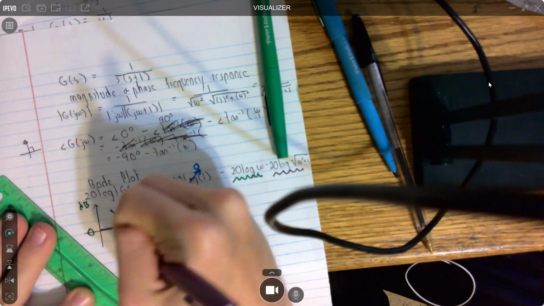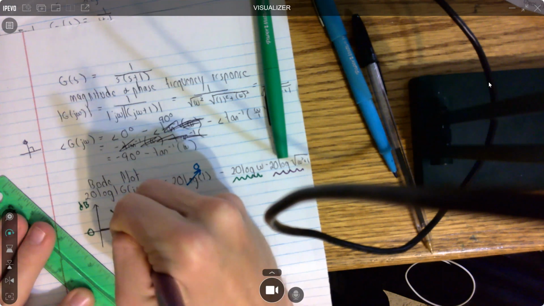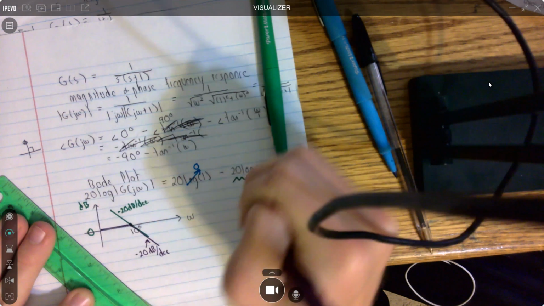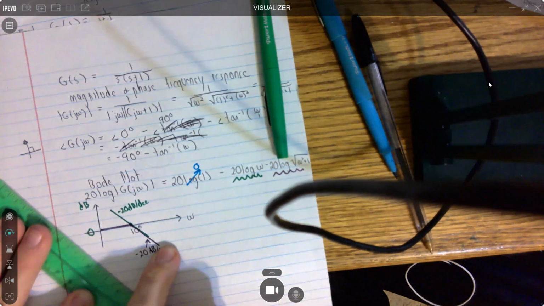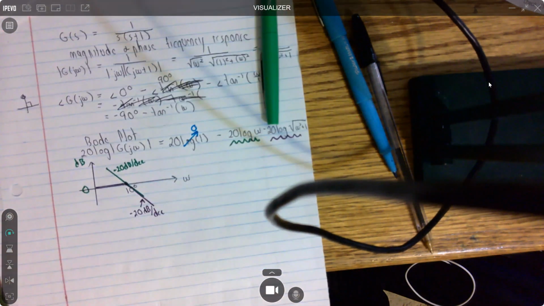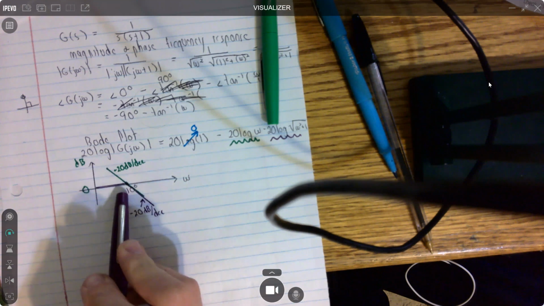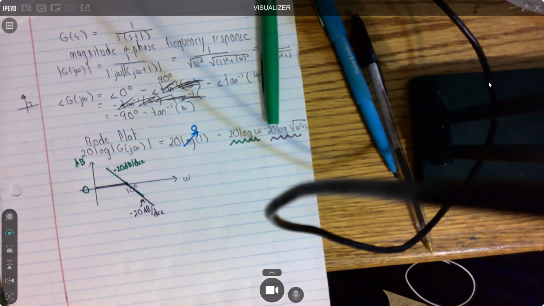Notice that this is not a pole at the origin, so it doesn't originally start at negative 20 dB per decade. It starts actually at that corner, that cutoff frequency.